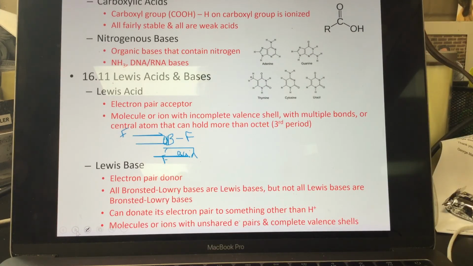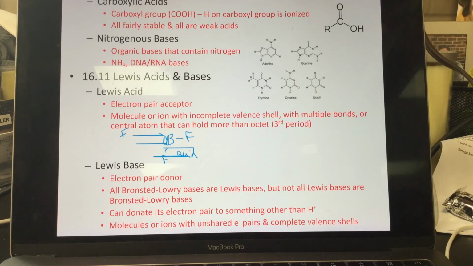So to help identify a Lewis base, you want to look for molecules or ions that have an unshared pair of electrons. And in that case, with those unshared pair of electrons, they're able to donate those electrons to a Lewis acid that has an opening for that. Let's change colors here.